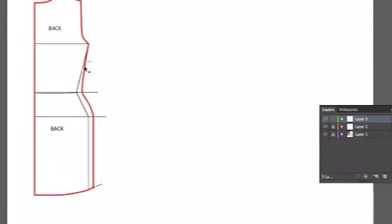Trace the contour, or you have it traced already, but it's a good idea to trace it in a different color so you will not get confused with the other reference lines. And this is the contour of your back pattern for your basic kurti.